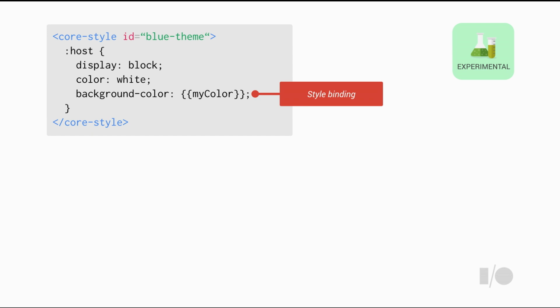Now, another really cool, interesting feature of core style is style bindings. So maybe you're working on a theme, and maybe you don't know exactly what color you want to use for a particular aspect, but you do want to expose a hook to the user so that they can set that value later. So using a style binding, here we're just using mustache syntax. We've got my color set up as a binding.